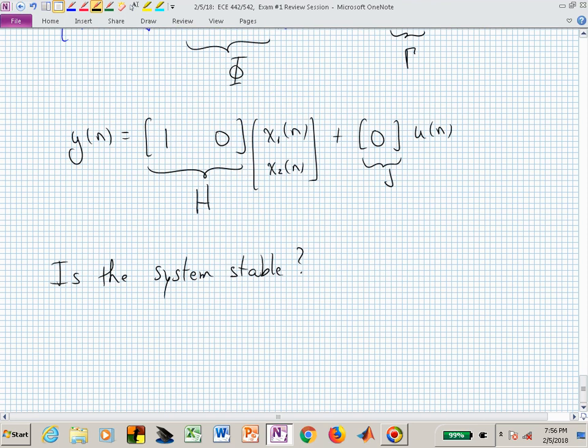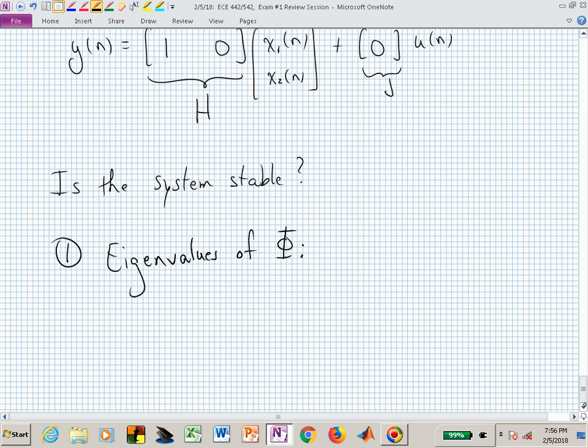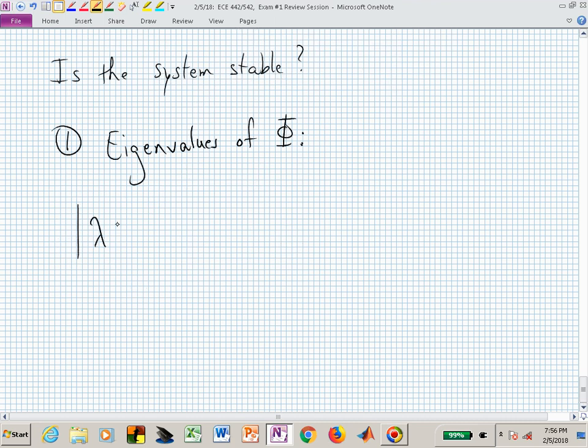So one way to do that is to look at the eigenvalues of phi, which we can find by solving the determinant of lambda I minus phi, setting that equal to 0, and finding the values of lambda. Those will be our eigenvalues. Those will be our poles. That's how this system naturally wants to shake or move.